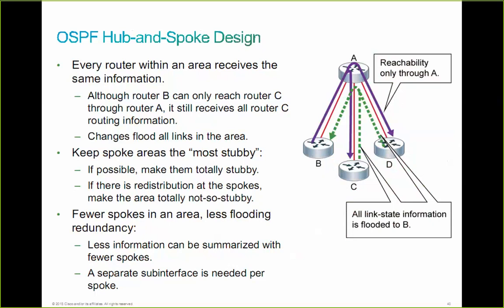All right? If the spoke site has to redistribute routes into the OSPF domain, make it not so stubby. But again, if you have the ability, decide whether or not you can make the area totally stubby, or totally not so stubby, I should say in this case. All right.